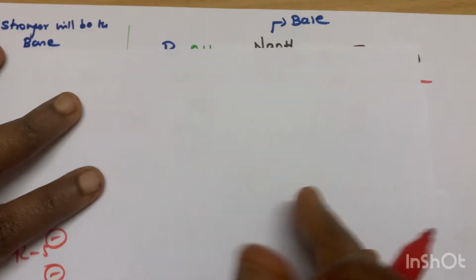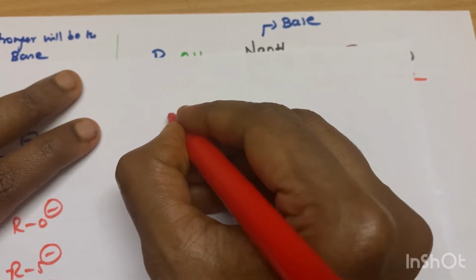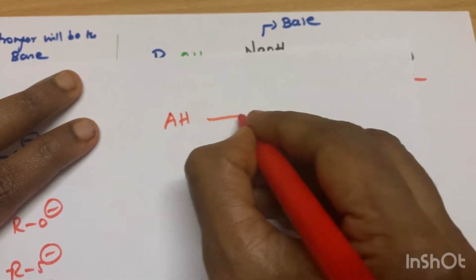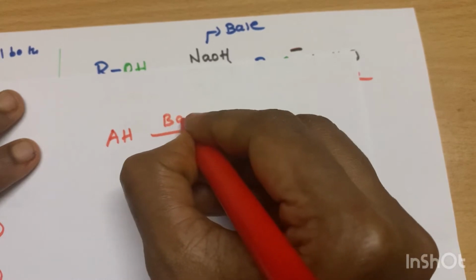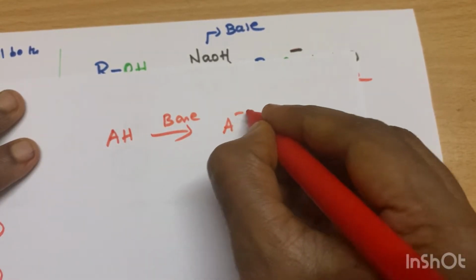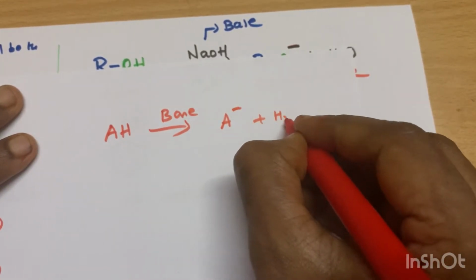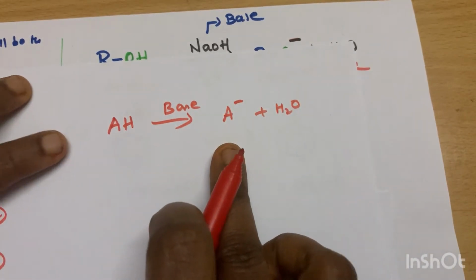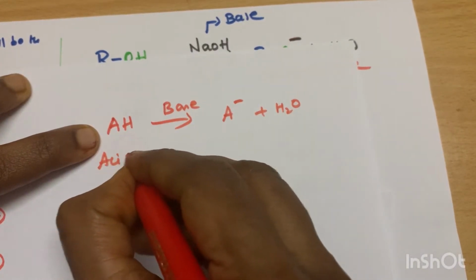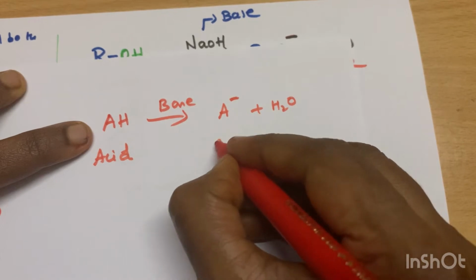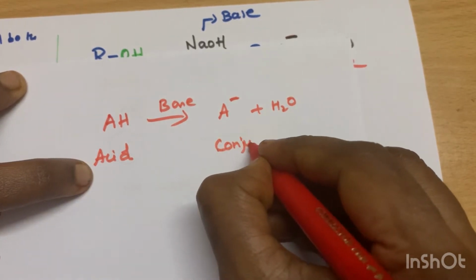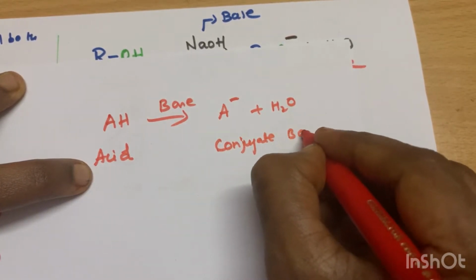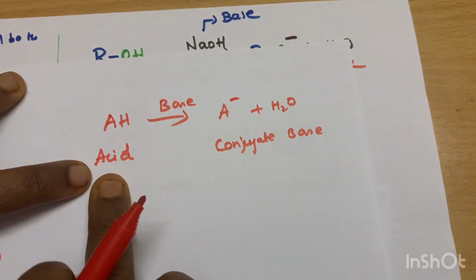We know this already, right? This is AH. When treated with the base, it loses a proton and a corresponding anion is formed. We call this an acid, and this is the acid's conjugate base, because this anion was formed from this acid.